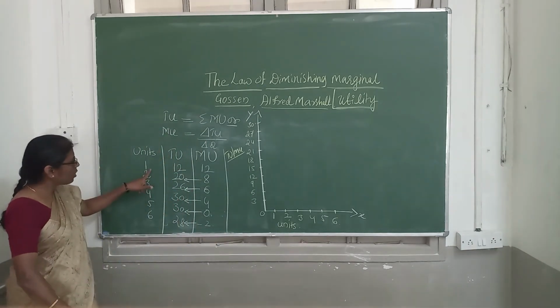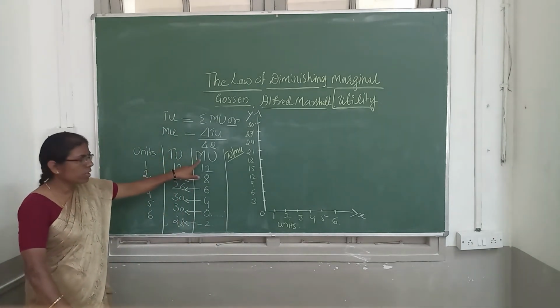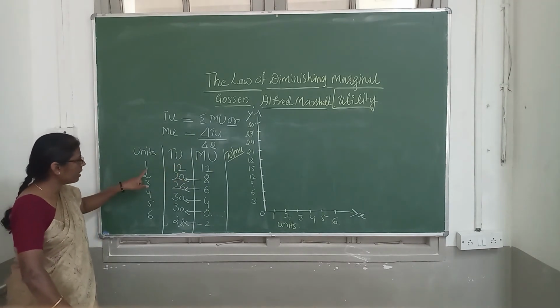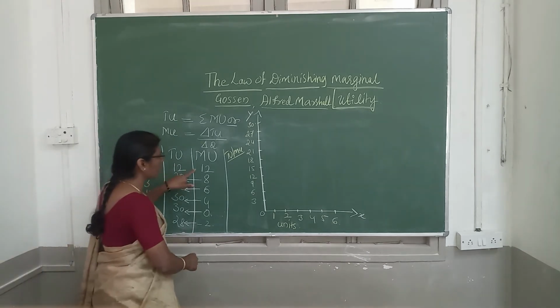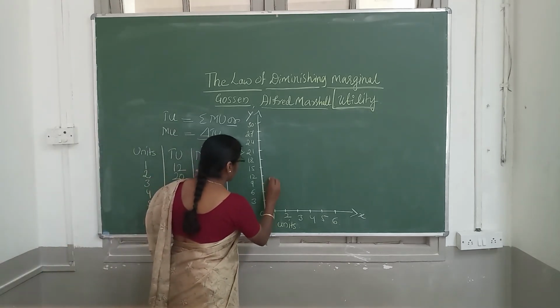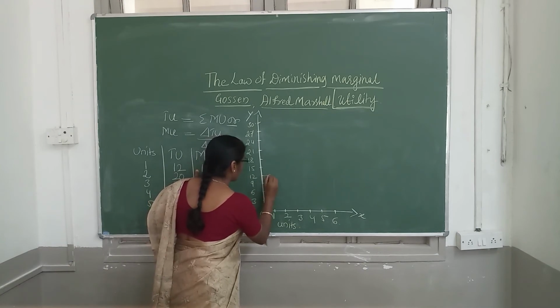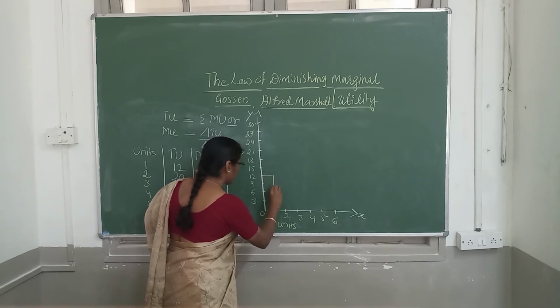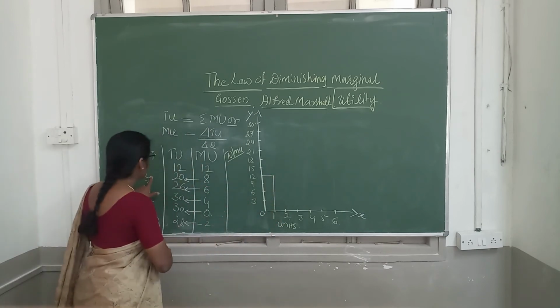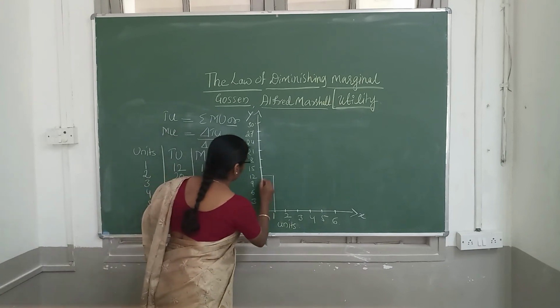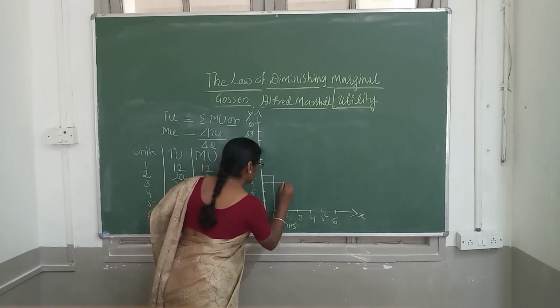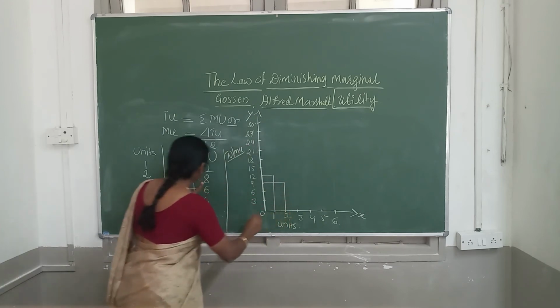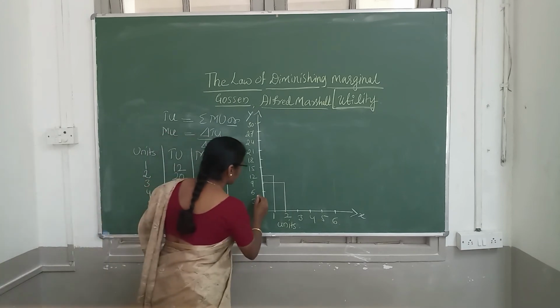First we try to draw marginal utility and then total utility. First unit, 12 units of marginal utility. Then second, it is 8. Then third, 6.